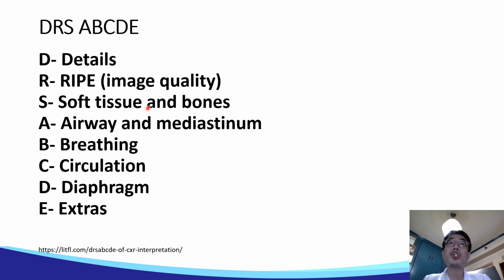S for soft tissue and bones, A for airway and the mediastinum, B for breathing, C for circulation, D for diaphragm, and E for extras or the miscellaneous details.